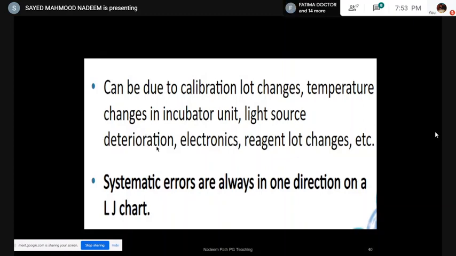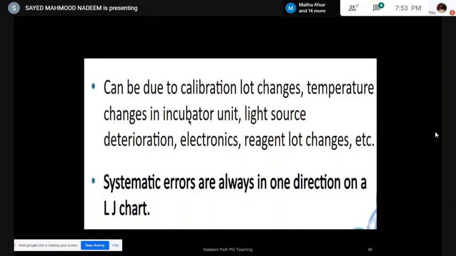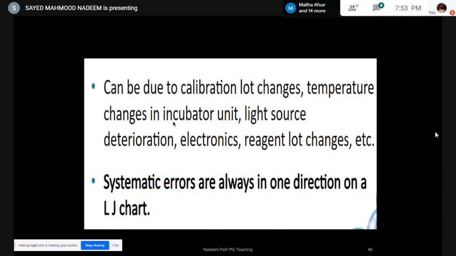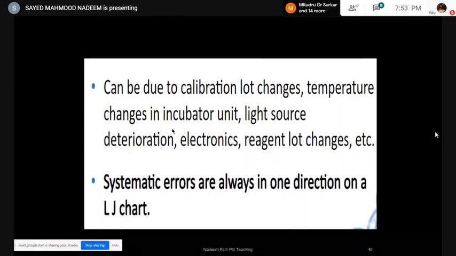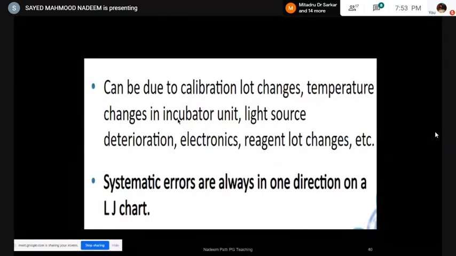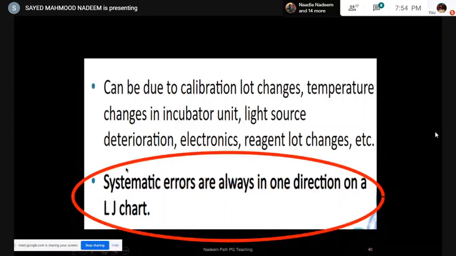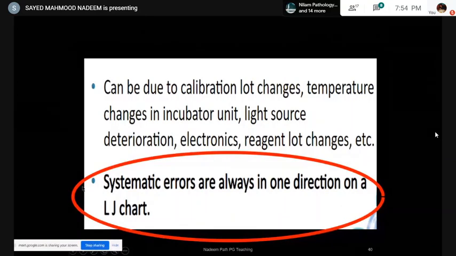So these are gradual activities which are happening on a day-to-day basis, and if you very carefully analyze them, you will be able to find out the reason. So this is what a systematic error is. The most important part is systematic errors are always in one direction of the LJ chart. This is something which you need to understand.